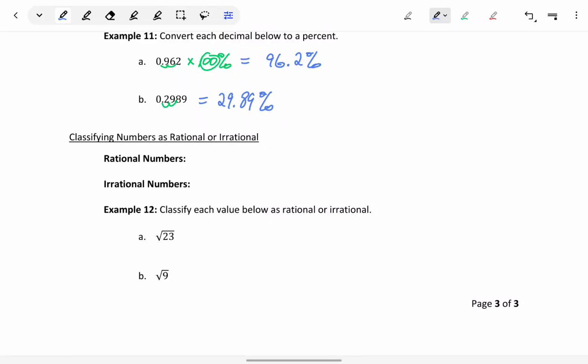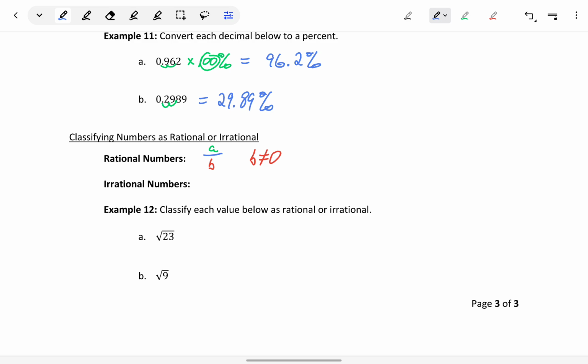When we started talking about fractions, we introduced the idea of a rational number, which is a number that can be written in the form a over b, where a is the numerator and b is the denominator of that fraction, as long as b is not equal to 0.